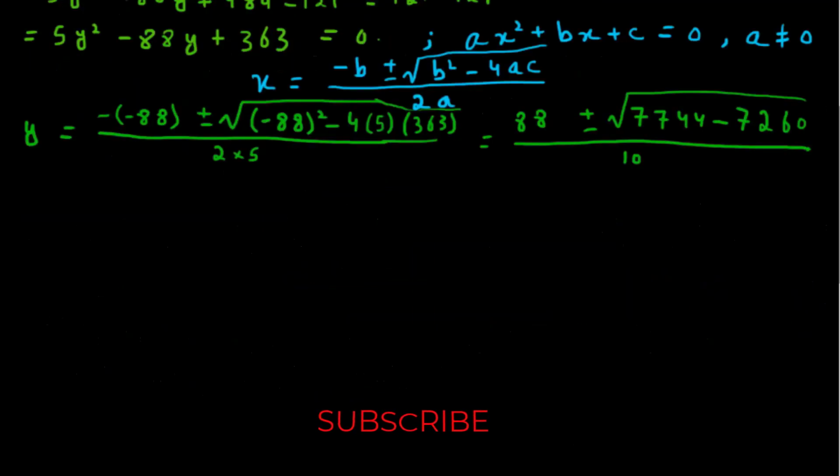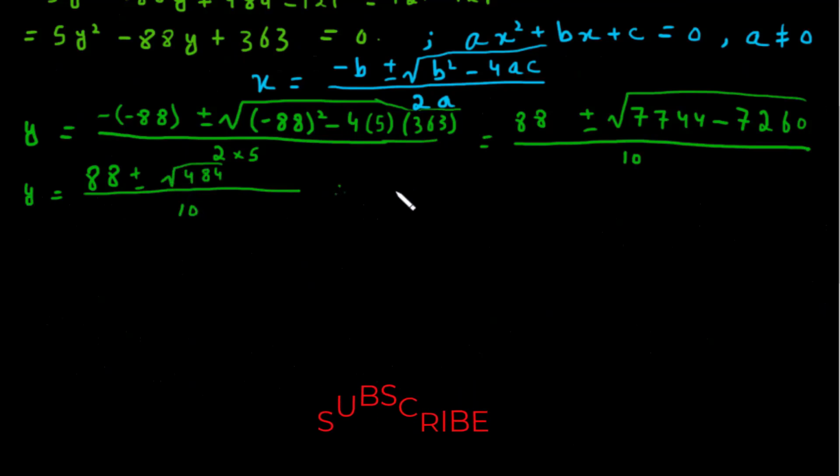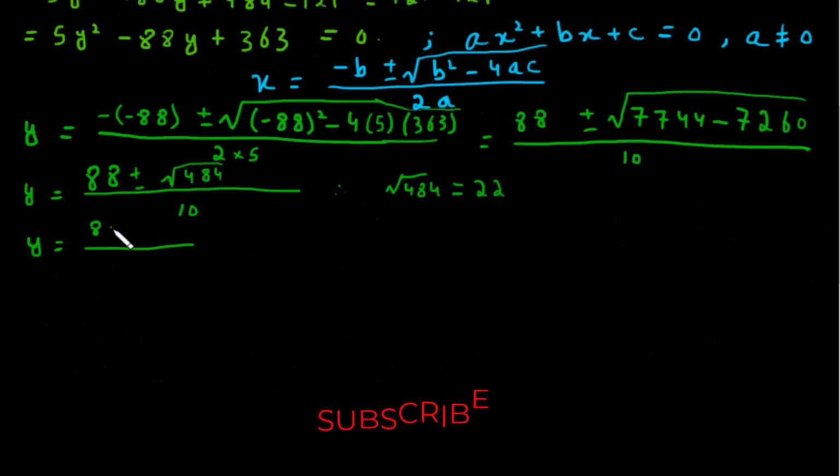Now we will continue with our calculation. So y is equal to 88 plus minus the square root of, when 7260 is subtracted from 7744, we get 484, and the square root of 484 is equal to 22. So I can write y is equal to 88 plus minus 22 divided by 10.